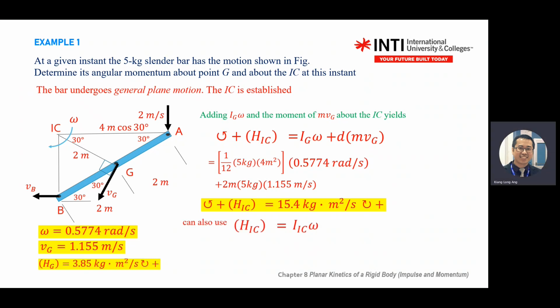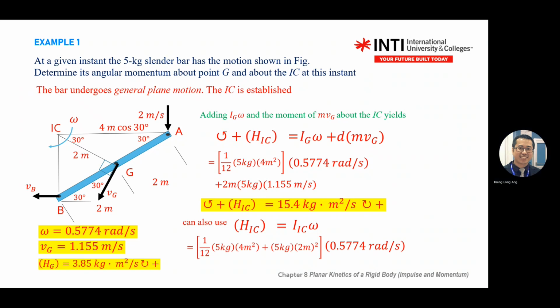All right. So with this other method, if you want, you also can find it. The front one uses the G point. This one uses the IC point. So the IC point also gives you the solution. You still get the same answer. So for IC, you assume this one is IO.